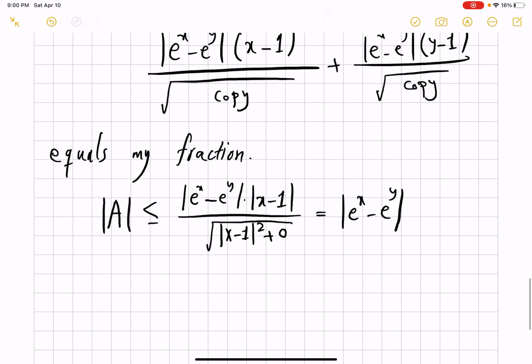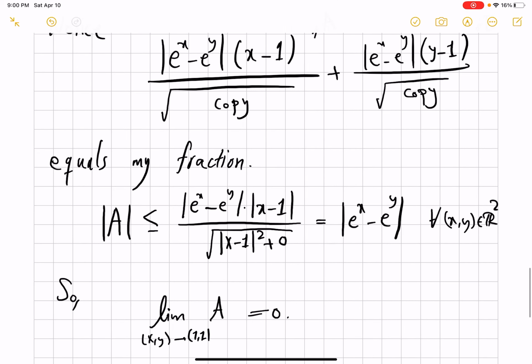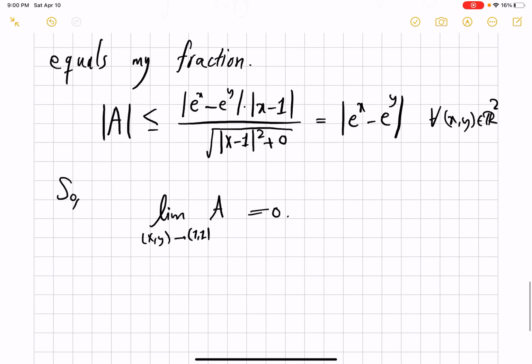So that's an inequality, so this is true for every (x, y) in R2. So the limit of A as (x, y) approaches (1, 1) is 0, because e to x approaches e to y. And the analysis with B is just the same, except this time you ignore the x minus 1 in the denominator and you're done. So similarly, the limit of the absolute value of B as (x, y) goes to (1, 1) is also 0.